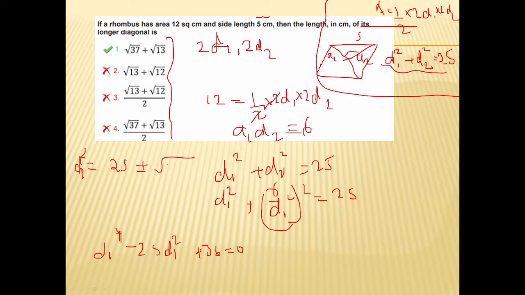So 25 square is 625 minus 4 into 36 will give us 481, divided by 2. If we take minus here, 25 minus 21 will be 4, and the length of the diagonal will be approximately very small. So one diagonal is small. We have taken the first consideration d1 greater than d2, and suppose we take the minus one, this will be a very small quantity, and the product is 6, you can see from here.